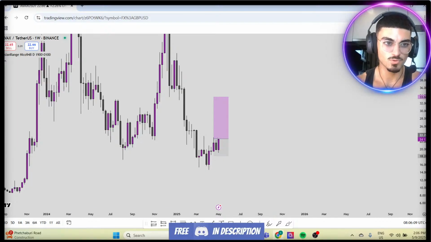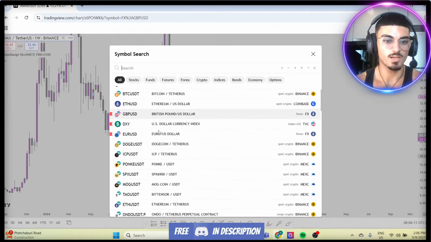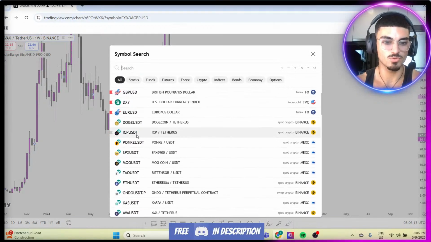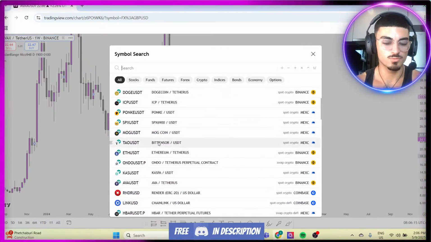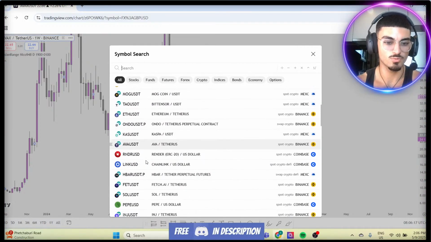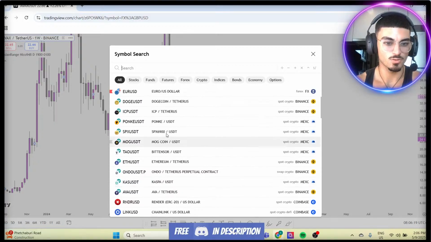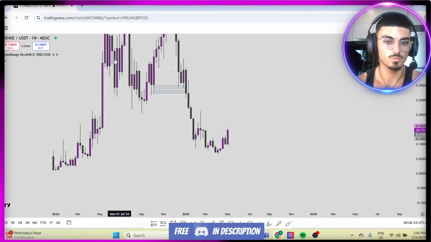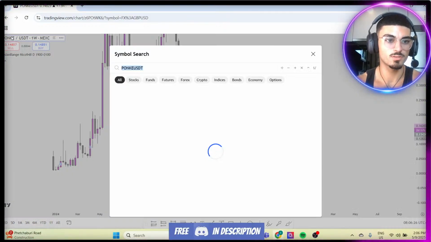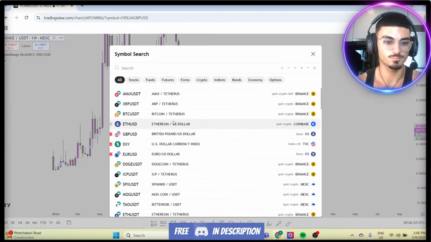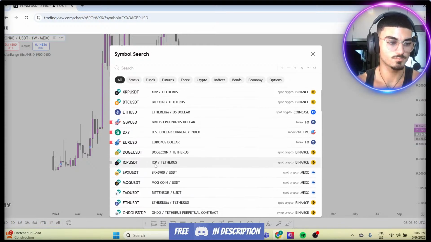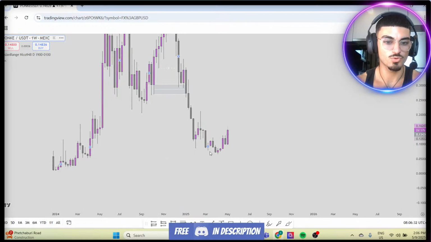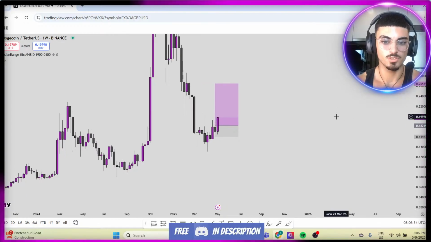So many altcoins are down, and if you can position yourself in these altcoins, you've got a good entry, you're gonna do well. So yeah, Ponky here is a meme coin. Dogecoin. There we go.